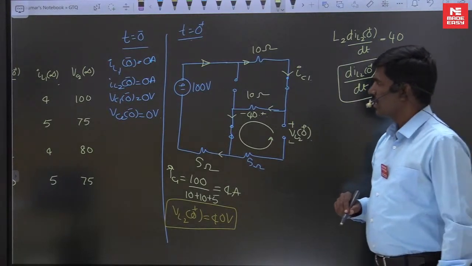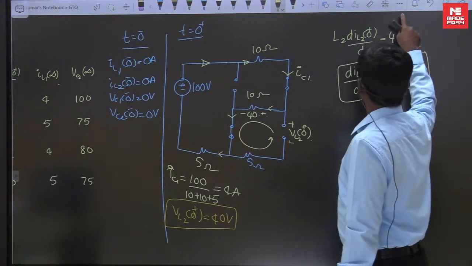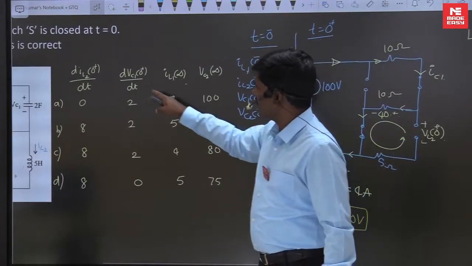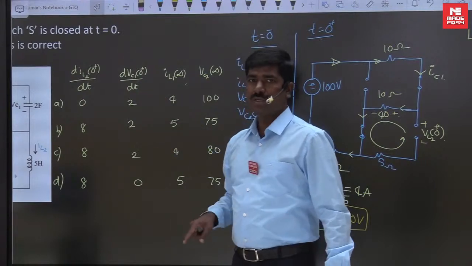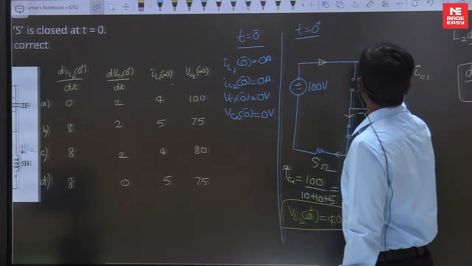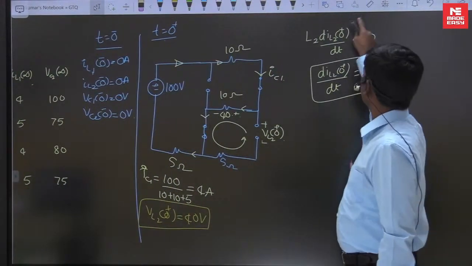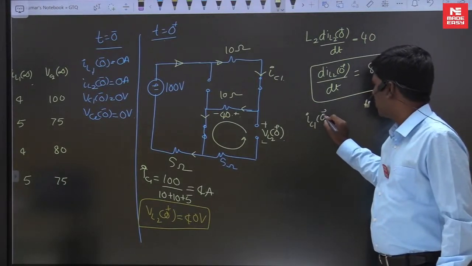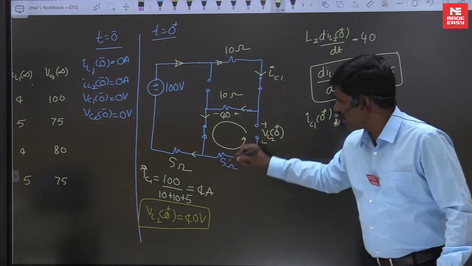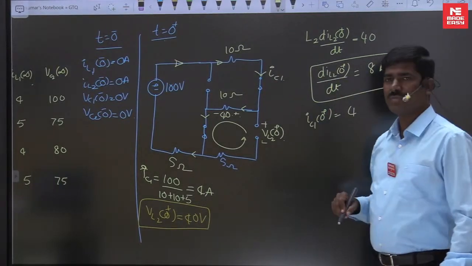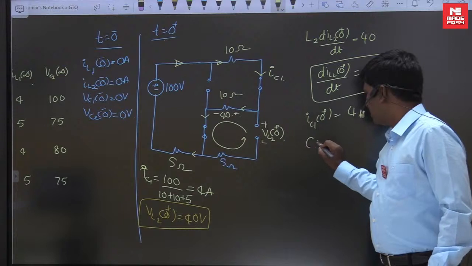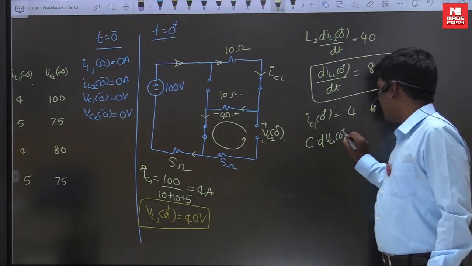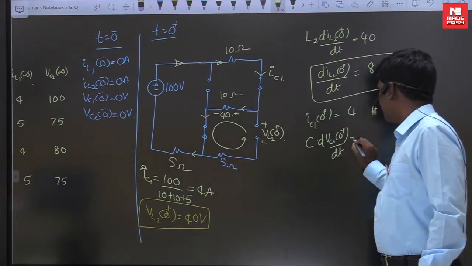dIL2 has come. Next is dVC1 of 0 plus by dt. How to get dVC1 by dt? Simply, IC1 we know. IC1 of 0 plus is 4 amperes. So C dVC1 of 0 plus by dt is equal to 4.